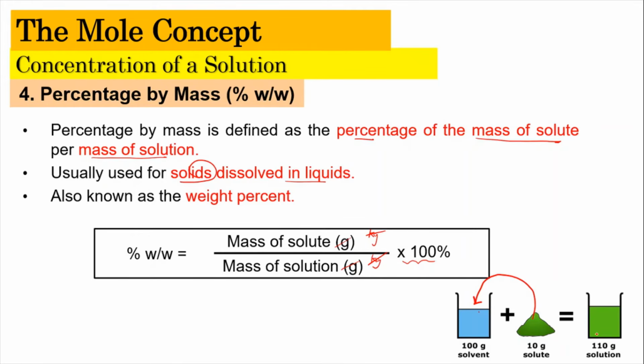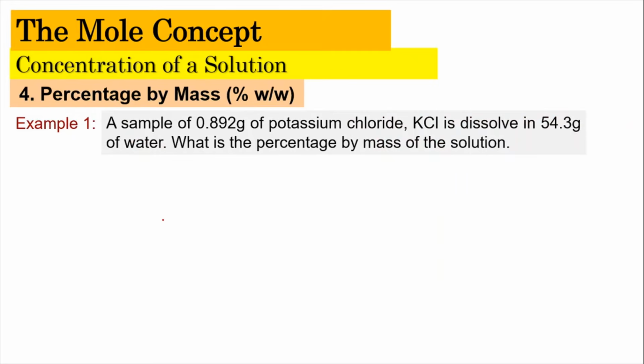This is where the percentage by mass is applied. Because of this relationship, we know that the mass of solvent plus the mass of solute produces the mass of the solution. By understanding this expression, we can solve the percentage by mass problem. To understand more, let us look into the next slide.